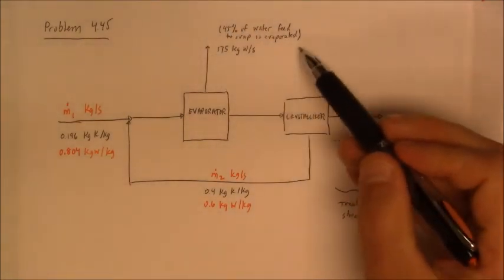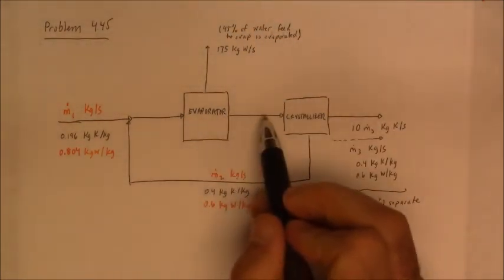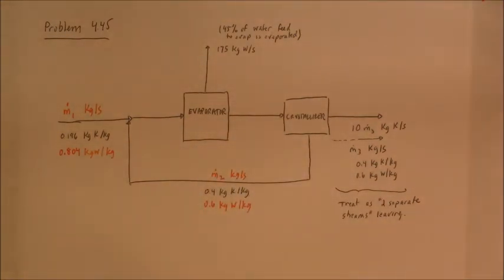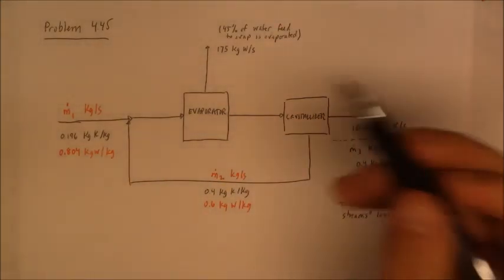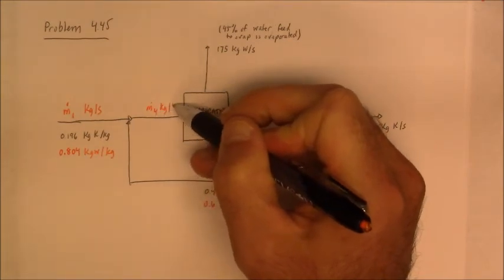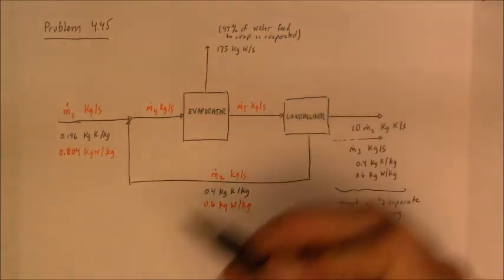This stream up here is pure water, so it's fully defined. And we're also not given the streams entering the evaporator or entering the crystallizer, so those will have to have variables associated with them. We can call this M4 kilograms per second for the total flow rate, M5 kilograms per second total flow rate.